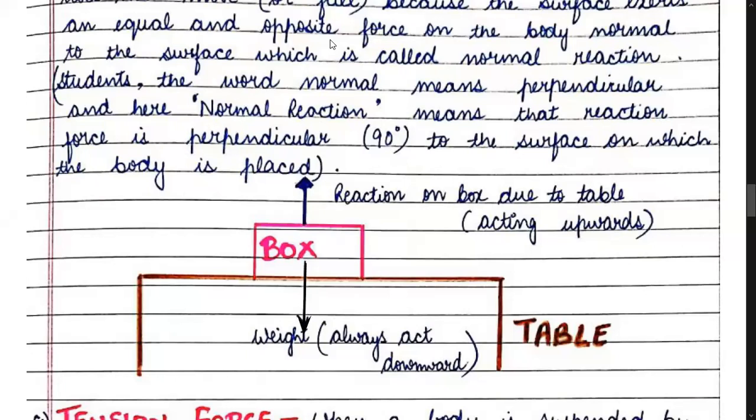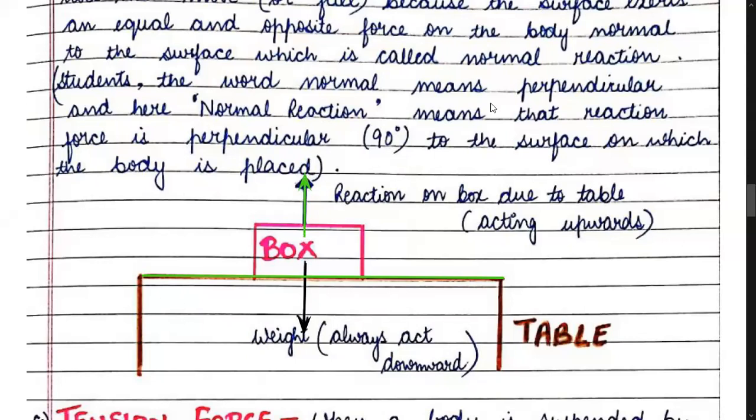And the surface will also exert a certain force on the object in an upward direction. So the surface, in this case the table, is exerting a force on the box in an upward direction.